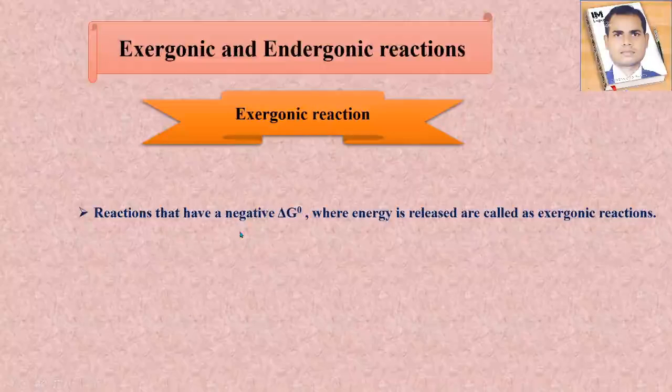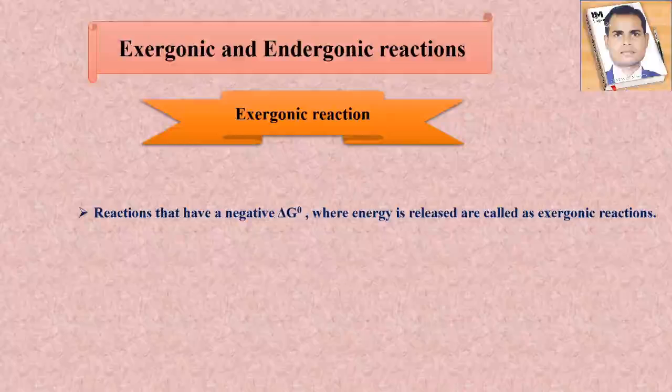A reaction that has a negative delta G0, where energy is released, is called an exergonic reaction. If you consider any reaction and some energy is released from it, the energy is going out, then we can say that is an exergonic reaction.